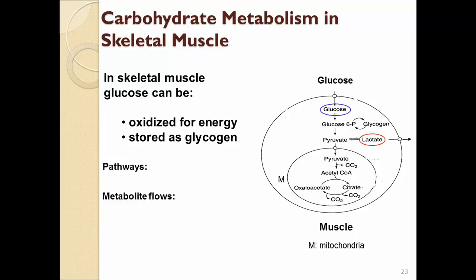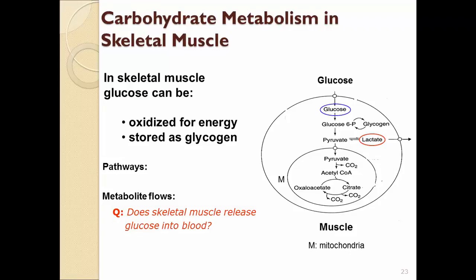So just try to be familiar with this sort of diagram, right, to think about what kind of metabolic pathways can occur in the muscle, in the liver, or other tissue cells. And this question I think I asked you before: does skeletal muscle release glucose into blood?